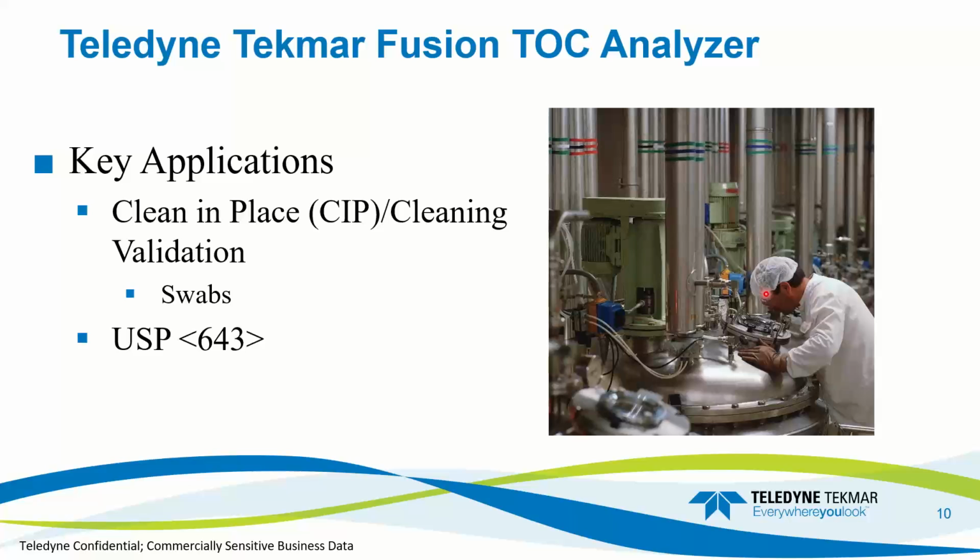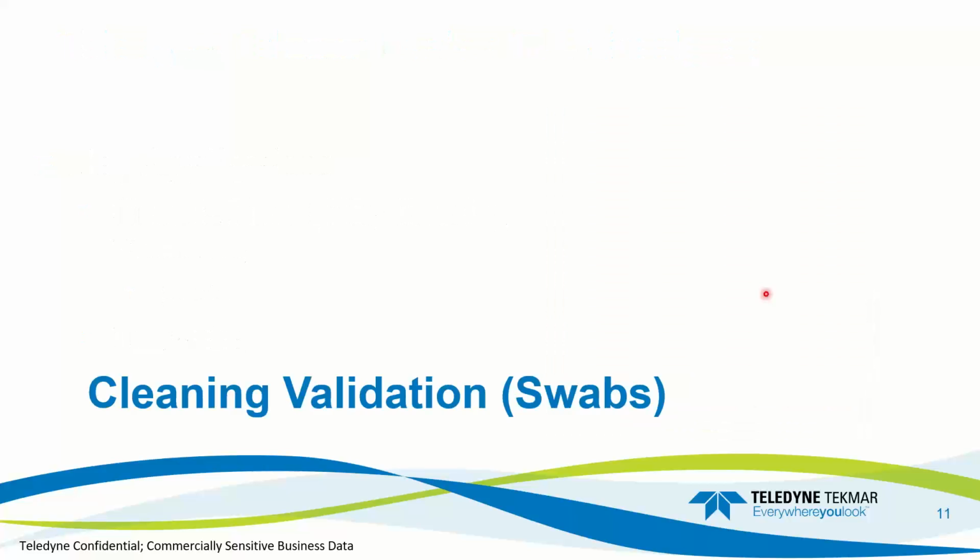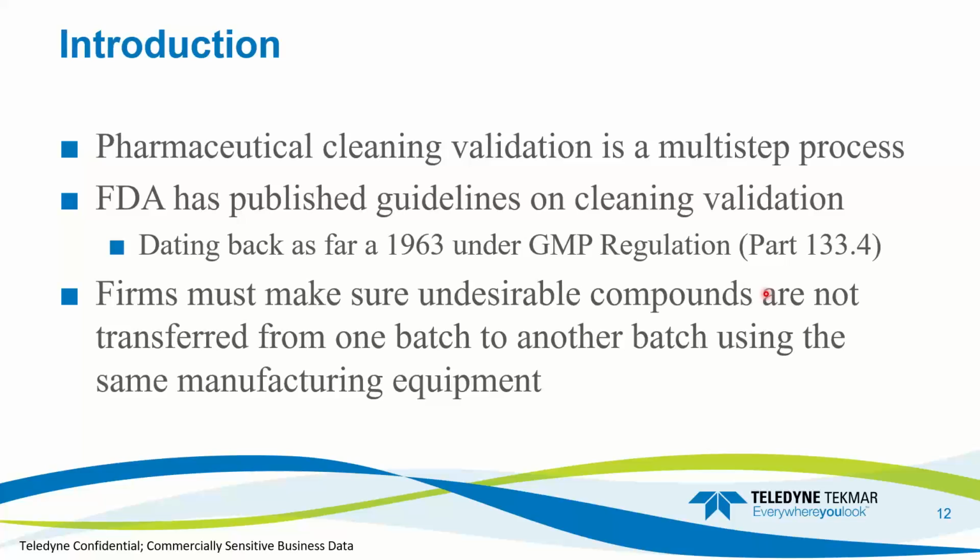So when we start talking about these applications, we're going to be looking at clean in place, cleaning validations with swabs, and then also USP 643. So cleaning validation with swabs, what is that technique or method that we're going to be looking at? A little bit of background. It's a multiple-step process to ensure cleanliness within the pharmaceutical manufacturing process.